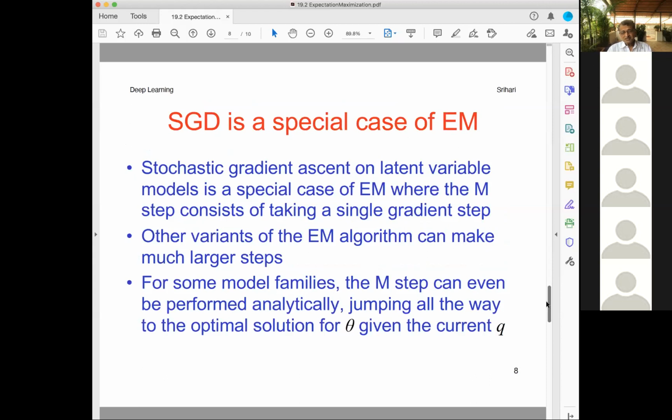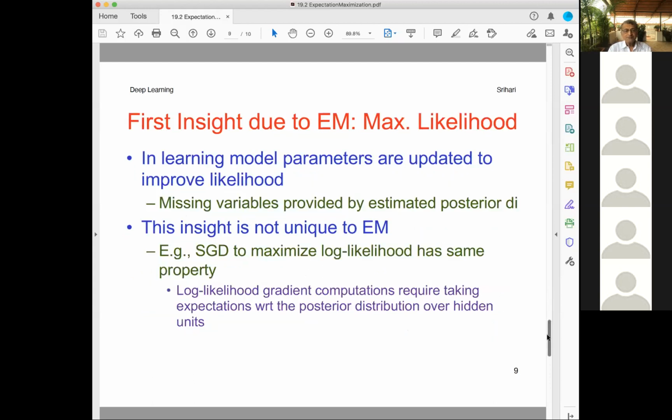It's interesting that even stochastic gradient descent can be thought of as EM, where we take a gradient step, in the sense that we change the parameters, and in the first step evaluate the loss function in the E step. Other variants of the EM algorithm can take much larger steps. And for some model families, the M step can even be performed analytically, jumping all the way to the optimal solution. Again, these are viewpoints.